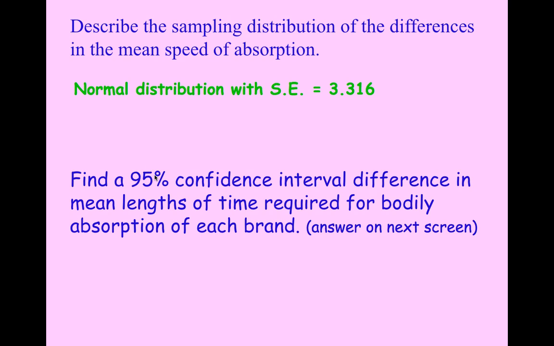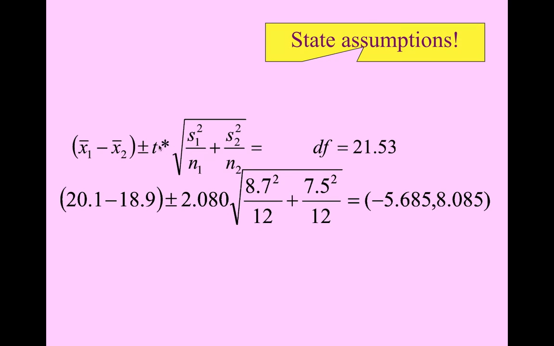Okay. So that is your X bar minus X bar, plus or minus your T or your Z times your standard error. We're going to use T because we don't know anything about the populations. All we know is the samples. So X bar minus X bar plus or minus T star and our standard error.